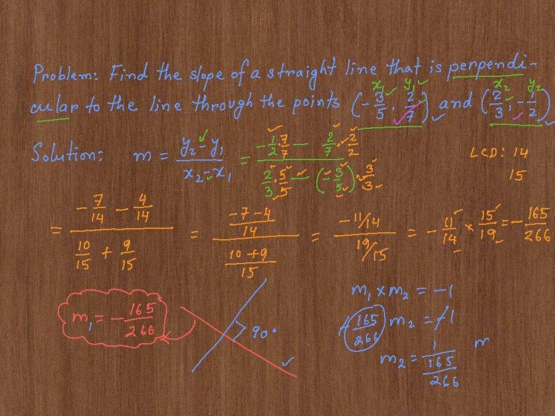If I simplify it further, it's going to be 266 over 165, because this number flips. So that is going to be the slope of this line. We called the other one m1, so this one, m2, is going to be 266 over 165, and that's the slope of the perpendicular line.